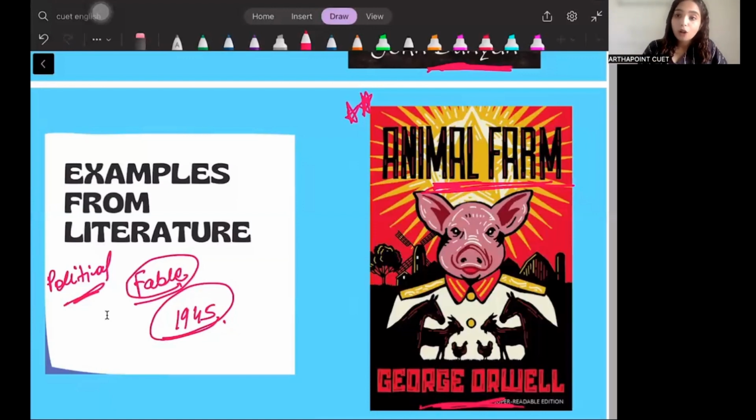But he also knew that even if this system of equality is established, there would always be certain people who would consider themselves above everybody else, like the character of the pig in this book. Right? Give this a thorough read. We would be discussing this book at length when we discuss the work of George Orwell.